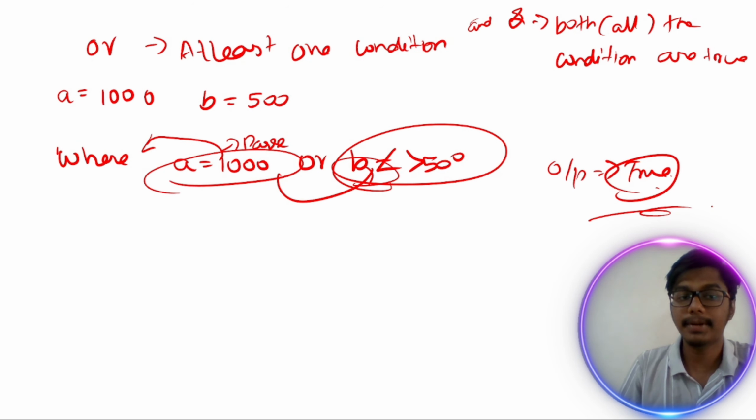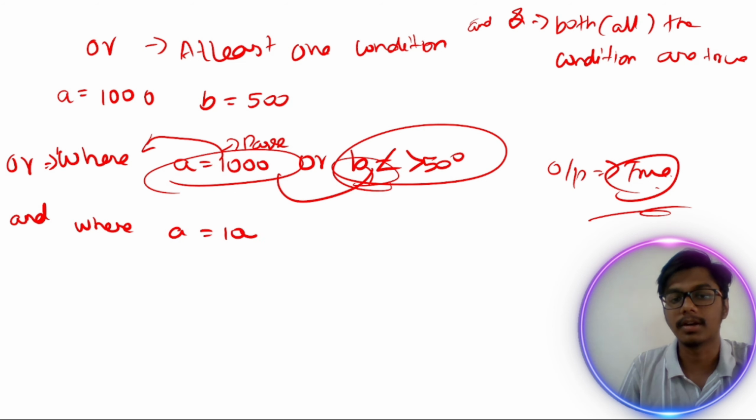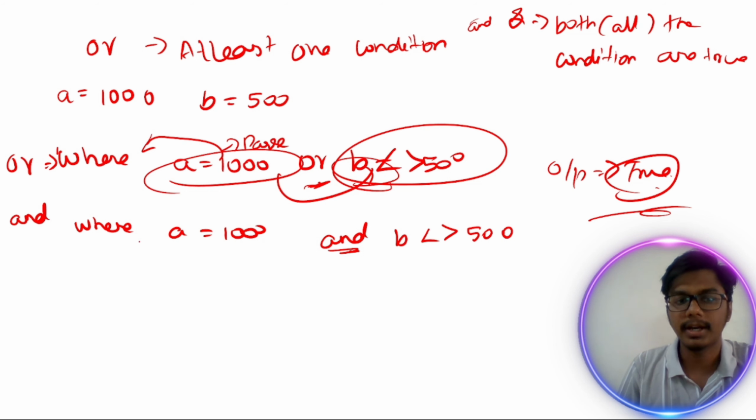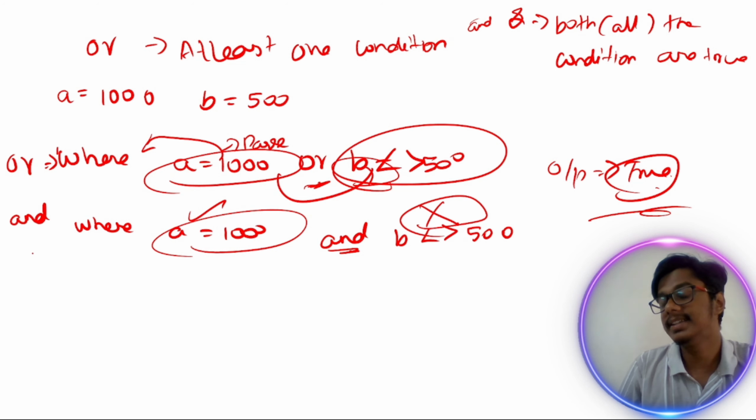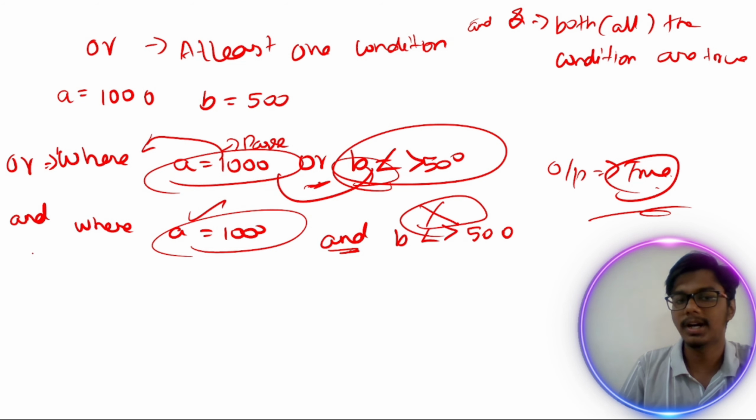That was the OR operator. Now in the AND operator, where A equal to 1000 AND B not equal to 500, the logic is that the first condition passed and the second condition failed, but it returns the output as false because I want all the conditions to be true.